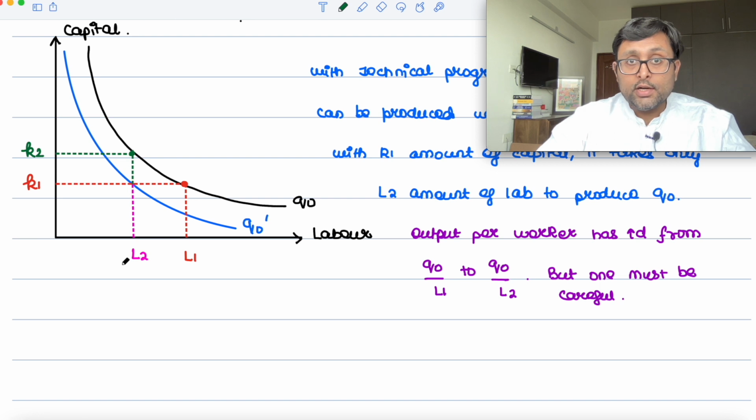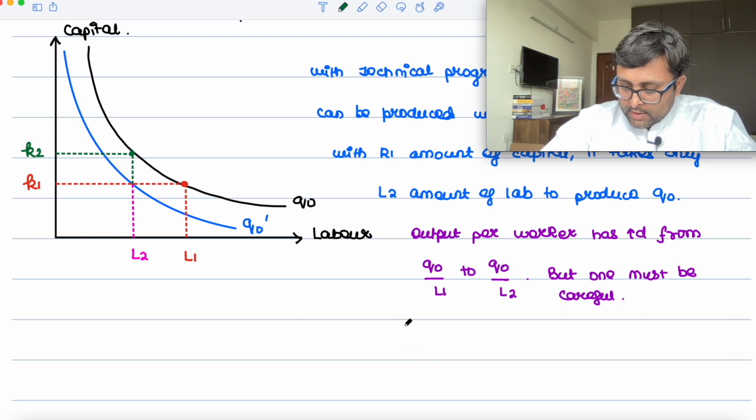But that is not technological progress. Technological progress is with the same level of inputs, you are producing more, or the same level of output could be produced with a lesser amount of inputs. But one must be careful.